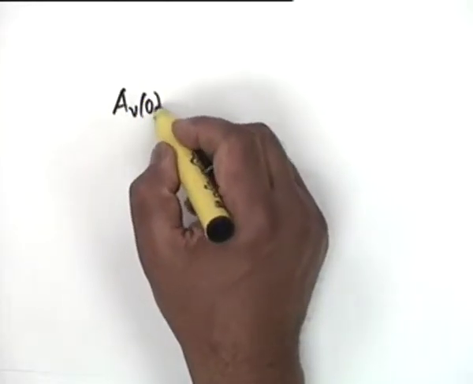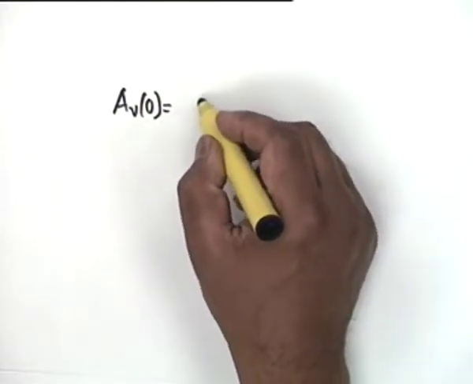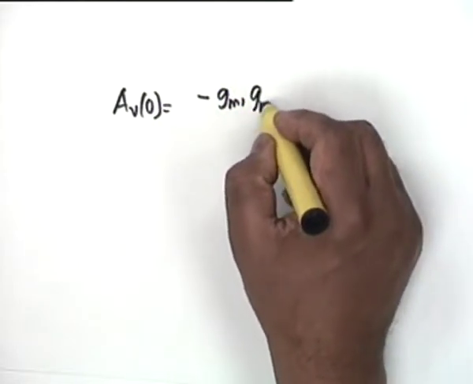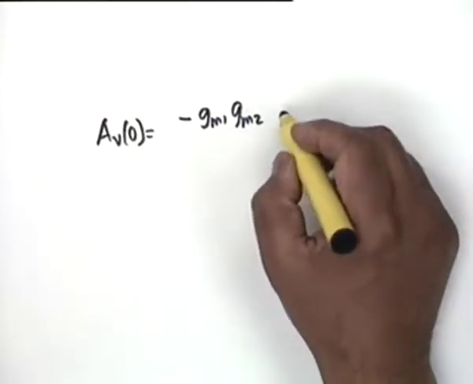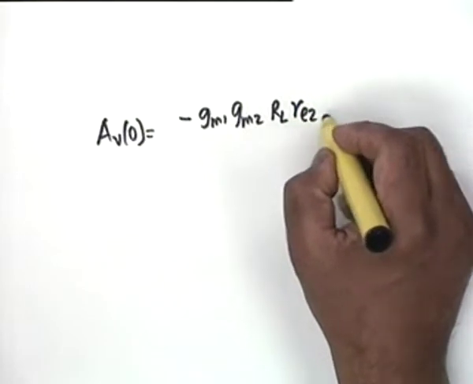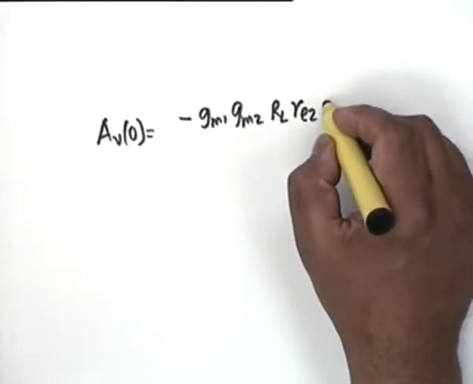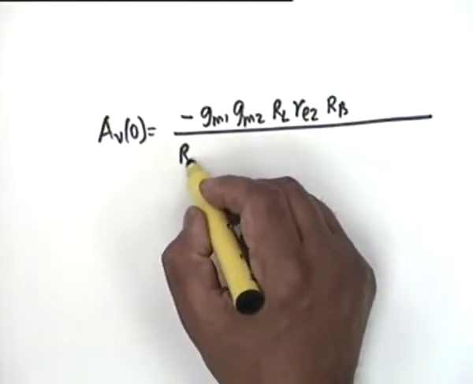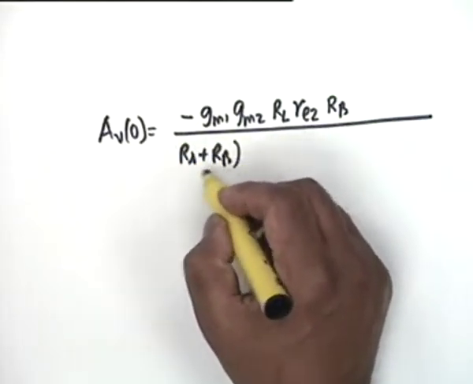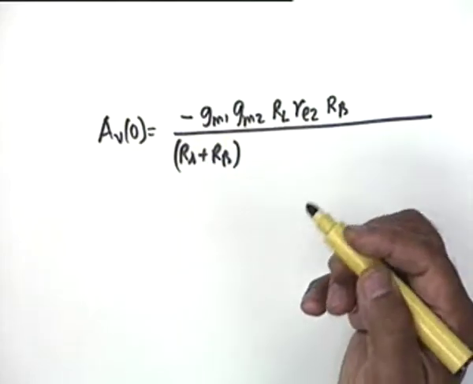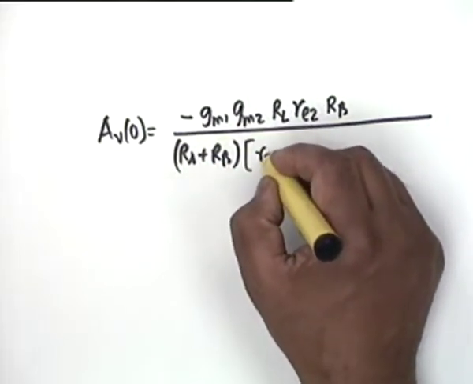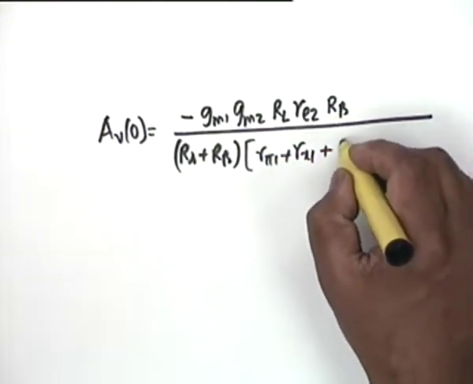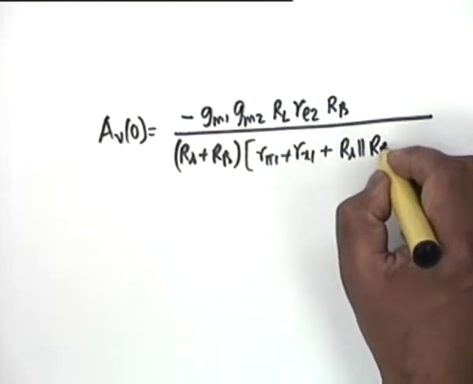AV0 is equal to minus GM1, GM2, RL, RE2, RB divided by RS plus RB. You understand where these terms are coming from? Vs prime by Vs multiplied by R pi 1 plus Rx1 plus Rs parallel RB.